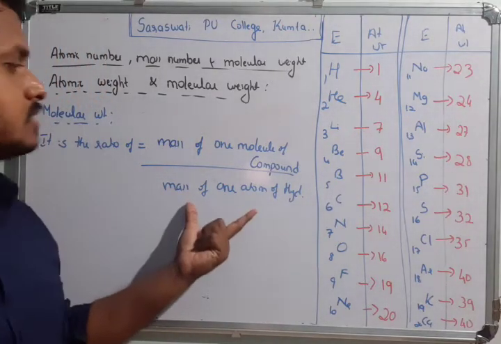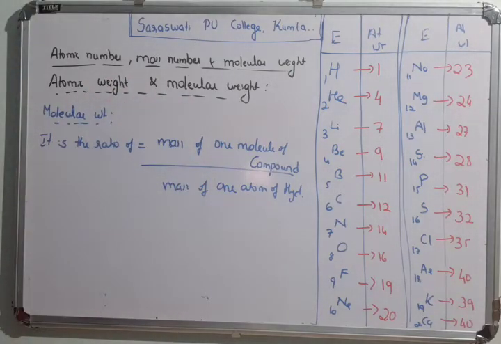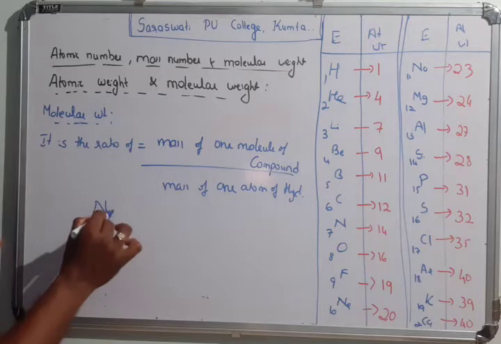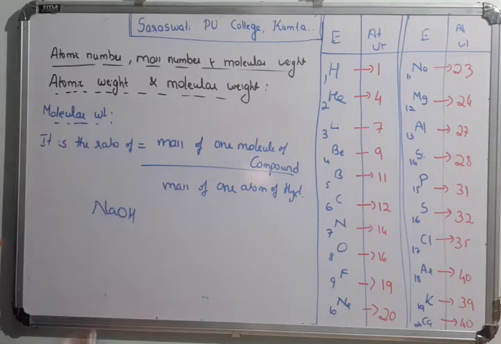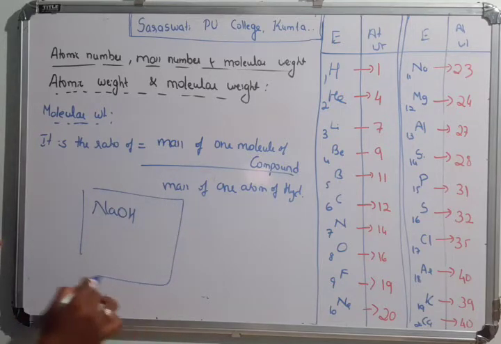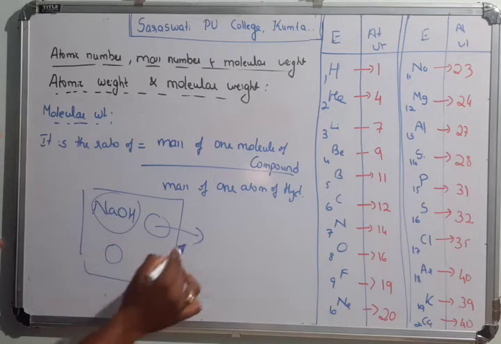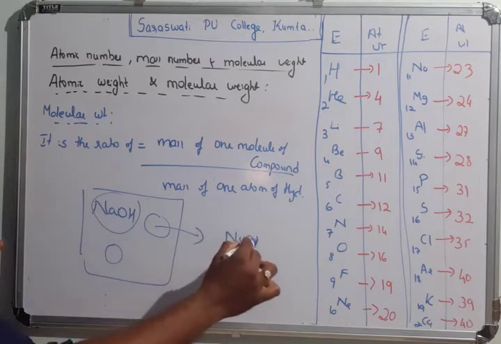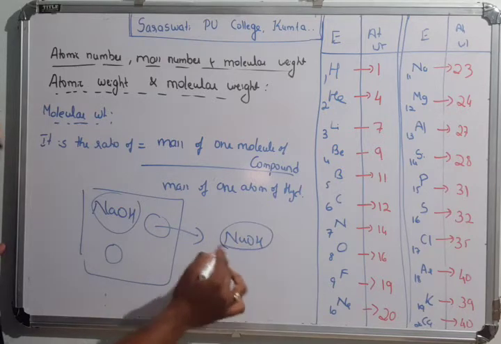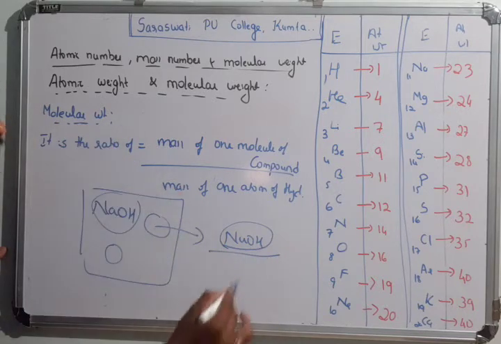So with the mass of hydrogen, you compare whatever the molecule mass is. For example, if I write NaOH, there are so many NaOH. If you take one NaOH and find the mass of this one NaOH, and compare with the mass of hydrogen, then whatever value you get is what you call the molecular weight of NaOH.